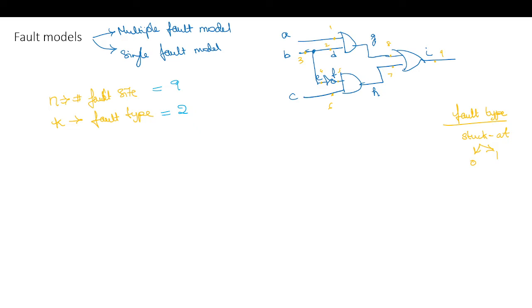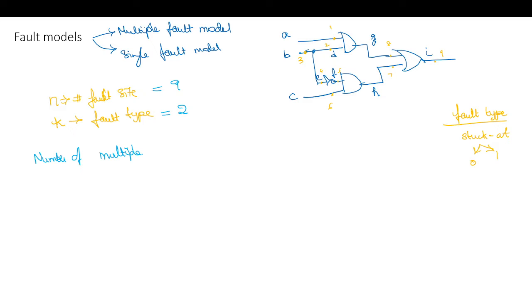Either I can assume just this, say this node 6 is having a fault, or I can assume a combination of nodes is going to have the fault. So we have two types of fault model with this assumption: the multiple fault model and the single fault model. If we have the multiple fault model, then there can be various such combinations.